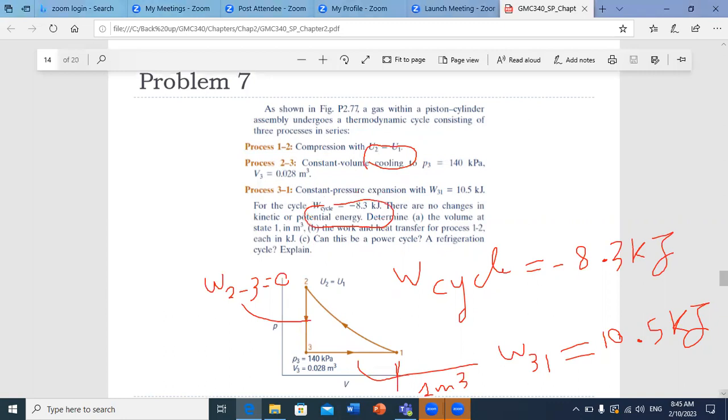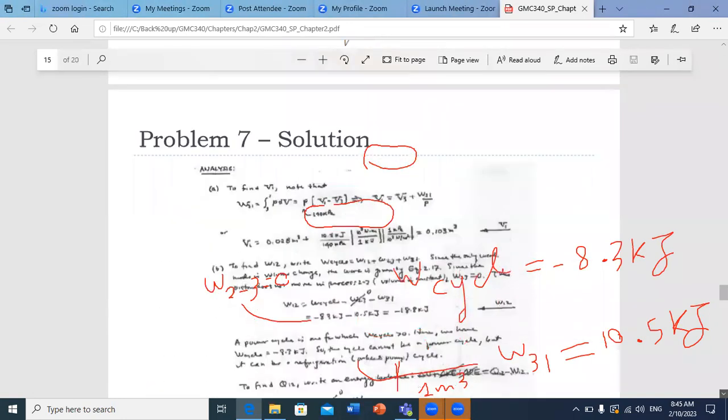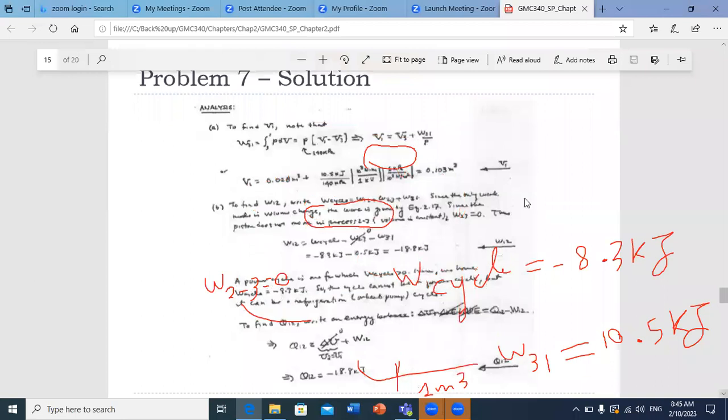As we mentioned, we start from the first process. We know the value of W31, and during the process from 3 to 1, the pressure is constant and we know its value. Since we know its value, W31 is the integral from state 3 to state 1 of PdV.